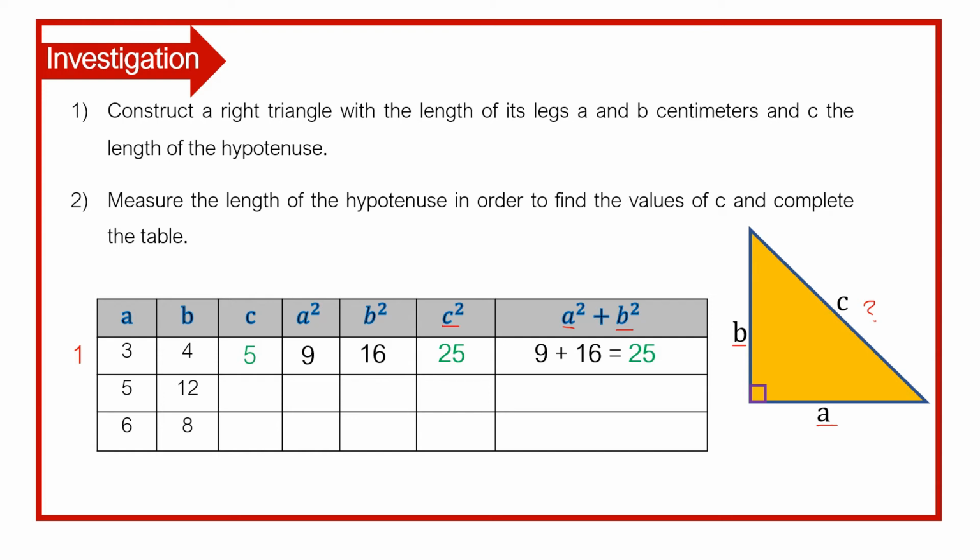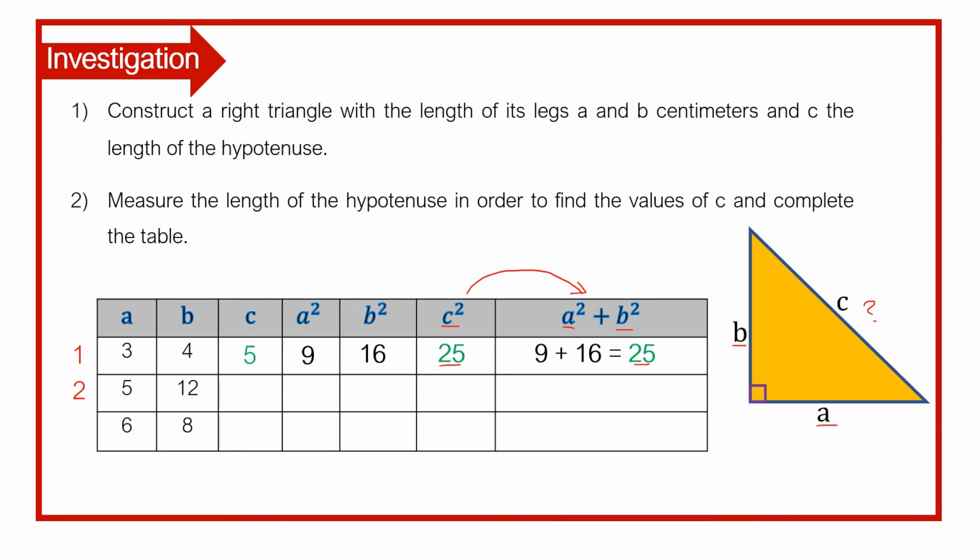You can see that c squared is 25, but also the sum of a squared and b squared is 25. So you see that c squared is equal to a squared plus b squared. And actually, that is the relationship that the sides of a right triangle have got. And from this, that's where we get the Pythagoras' theorem.